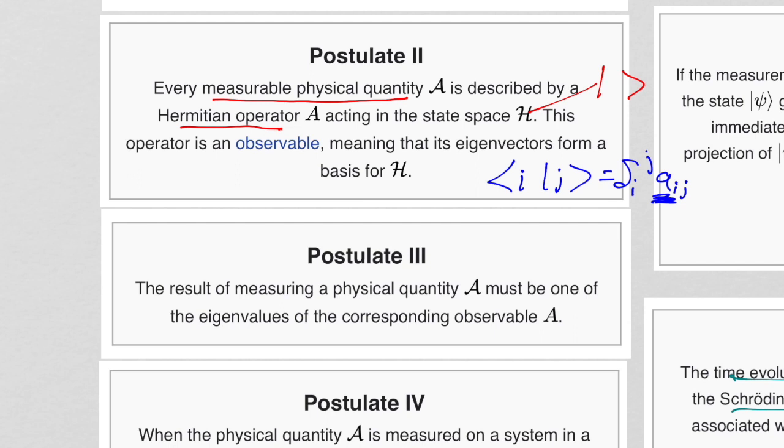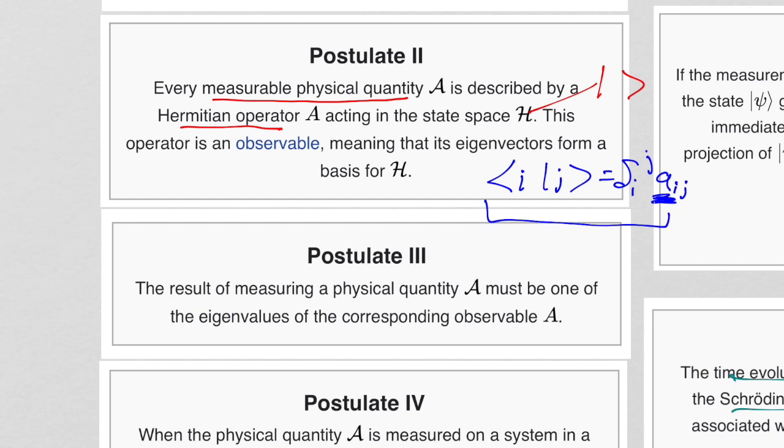We'll talk about normalization in a moment, but it is true that the eigenvectors of H are convenient for a basis. A basis does not have to be orthogonal. You can have a non-orthogonal basis where the inner product of i with j does not equal 0 unless i equals j. That is possible, but it is always convenient to have a nice orthogonal basis.